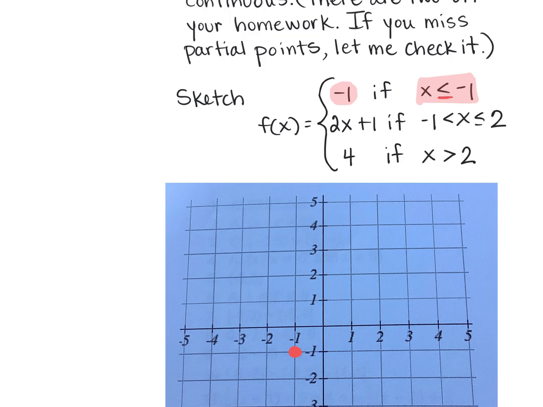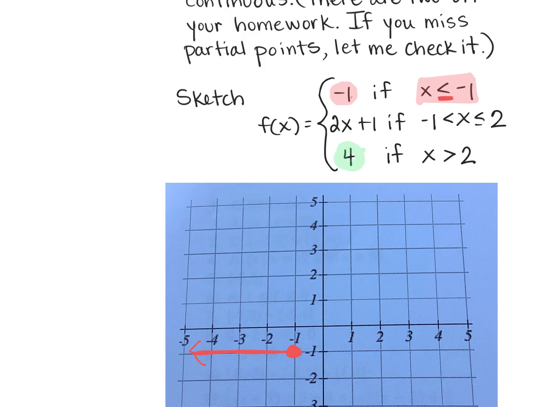This line right here makes that into a closed ordered pair point. So then I know that regardless what x I use to the left of that, I have to have a y value of -1. So this line is a horizontal line that goes to the left. All right, I'm going to skip down and do the bottom one now.